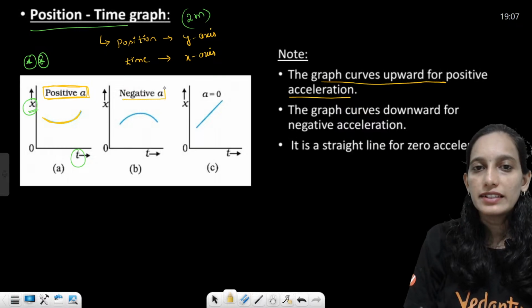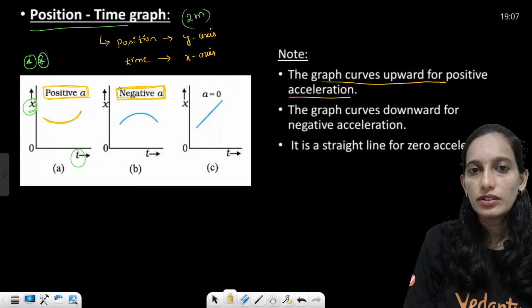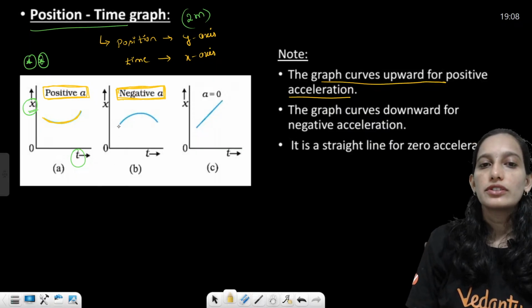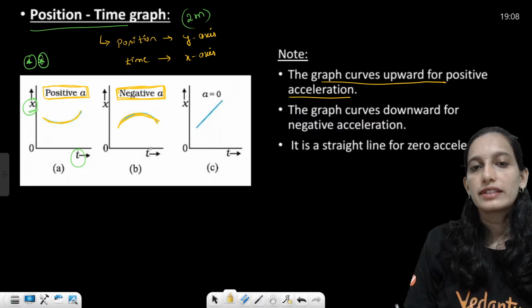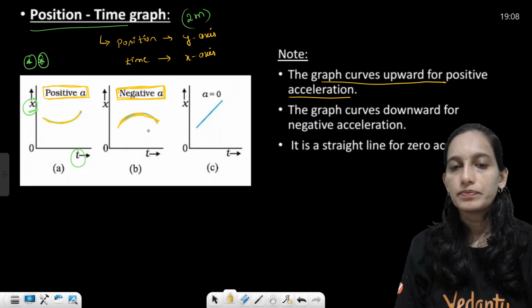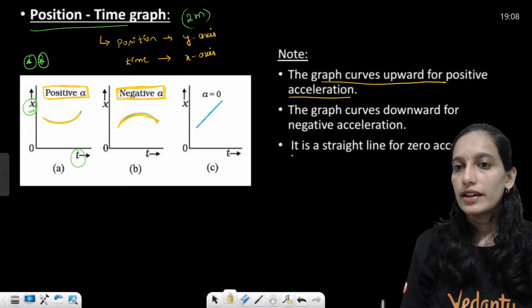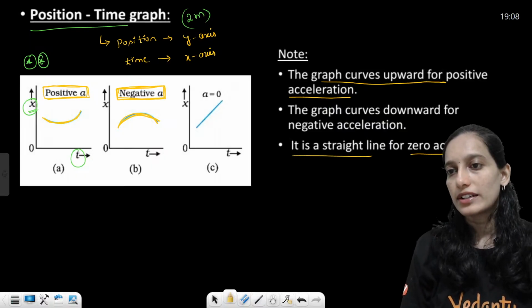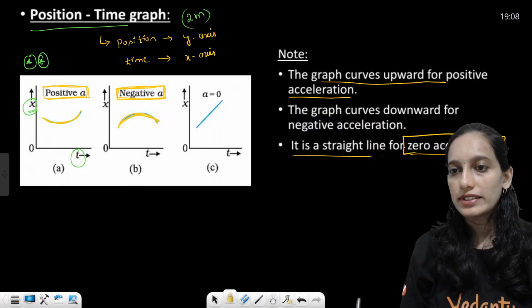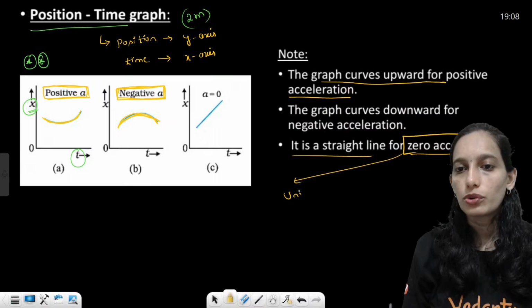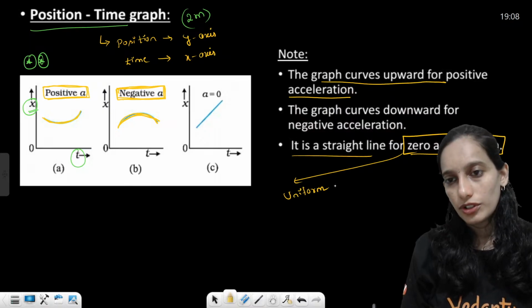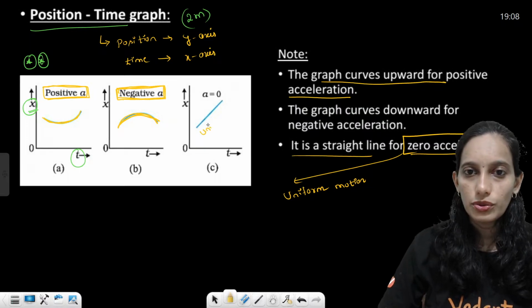Similarly, if acceleration is some constant negative value, in that case the graph will be curved downward to the x-axis. And then it is a straight line for zero acceleration. What do we call zero acceleration? That is nothing but uniform motion. Uniform motion. Okay, so this is uniform motion.